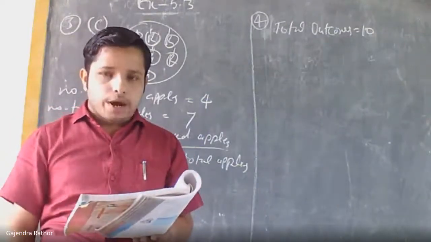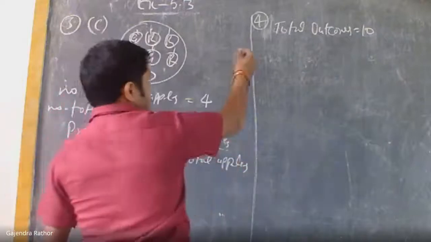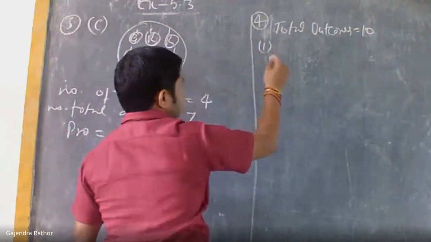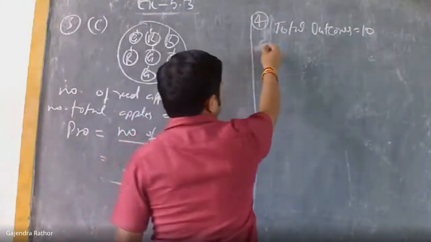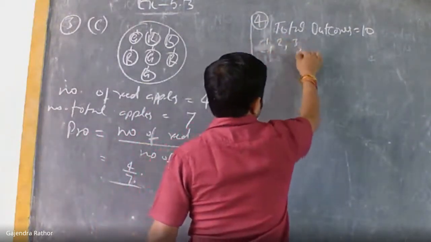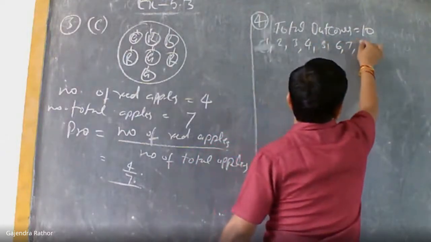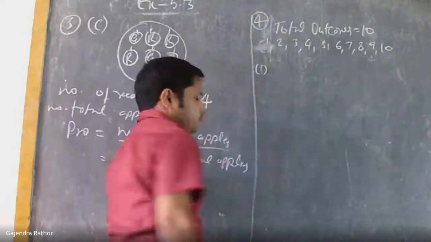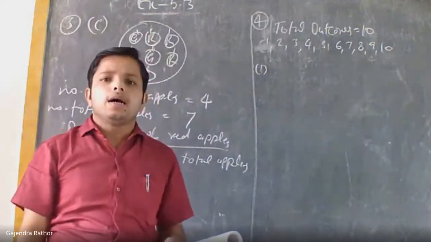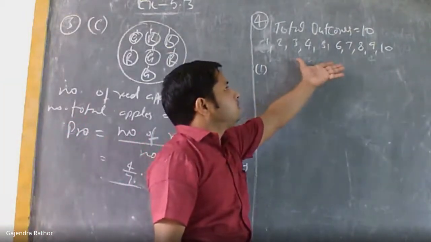Next, first point, getting a number 6. Let us write out the outcomes, then it will be a bit clearer. 1 2 3 4 5 6 7 8 9 and 10. Now first point, getting a number 6. So how many 6 are in these numbers?